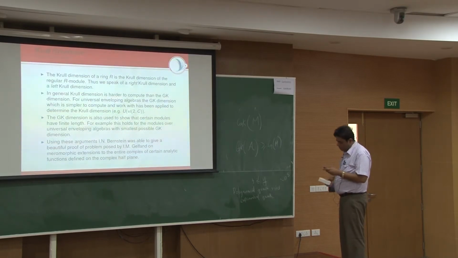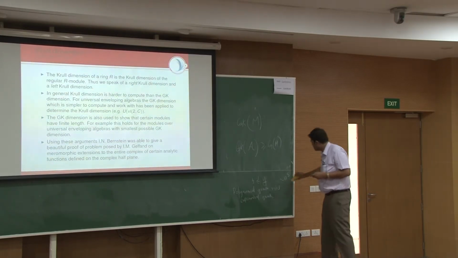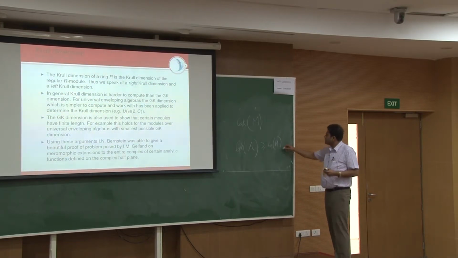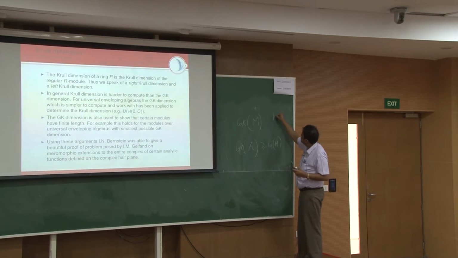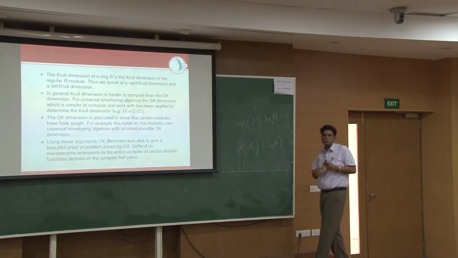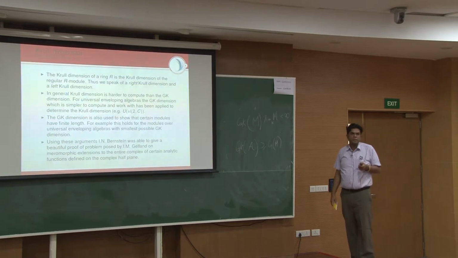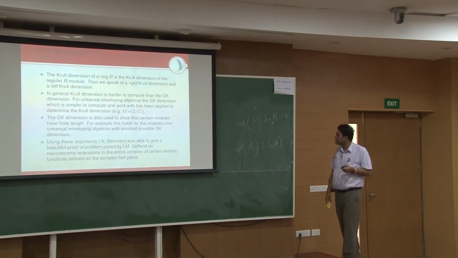Now, the question is, suppose that M is finite dimensional. Then its GK dimension is 0, and that is easy to show.